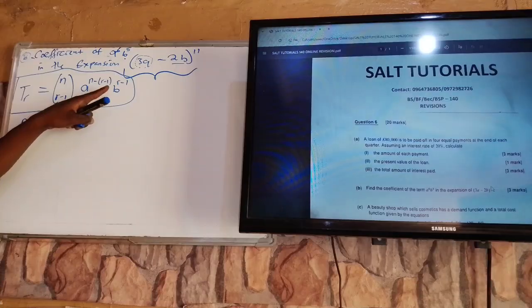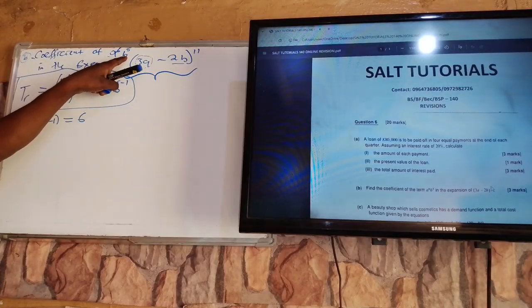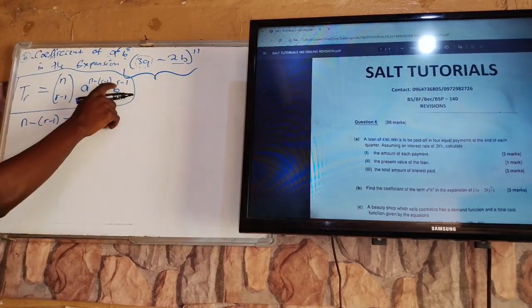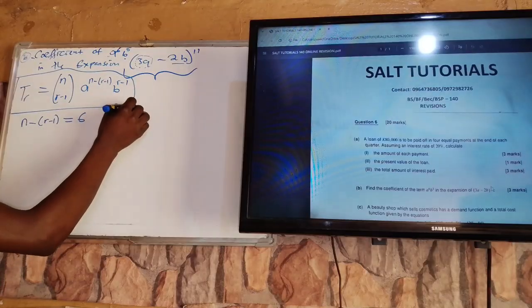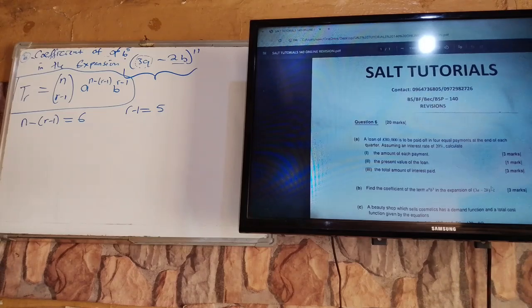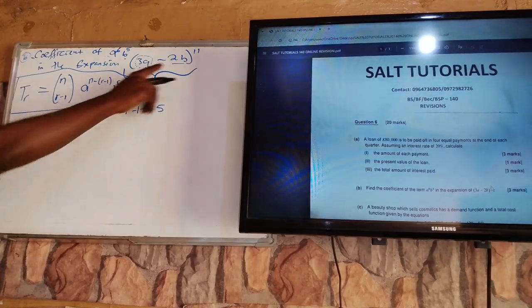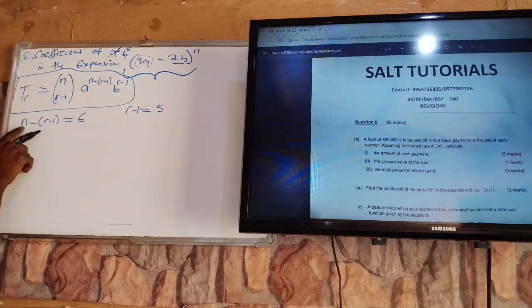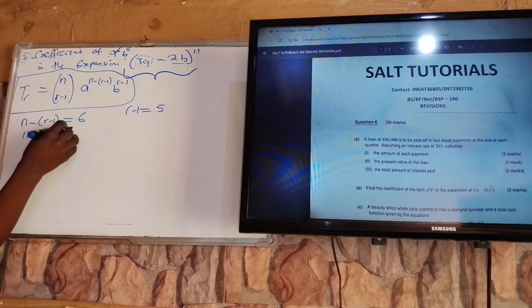Also comparing with b, which is the second term, the power for the second term is r minus 1, which should be equal to 5. So what does this all mean? We are trying to find the value of r, because n is basically the power. So n is 11, meaning 11 minus (r minus 1) should be equal to 6.